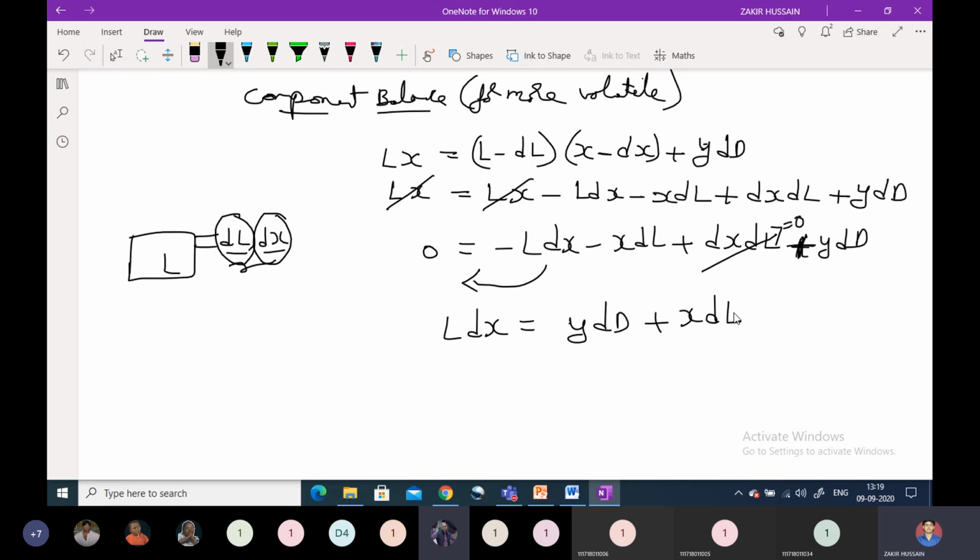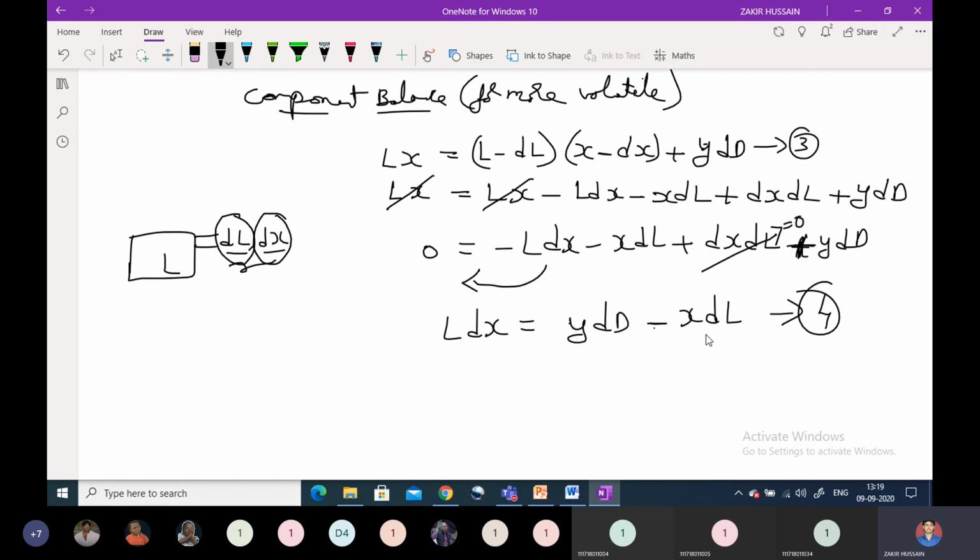Sorry, this is minus x dL. Then we have to give equation numbers: this will be 3, and this we will give as 4. Then L dx is equal to y dD minus x dL will be left out.